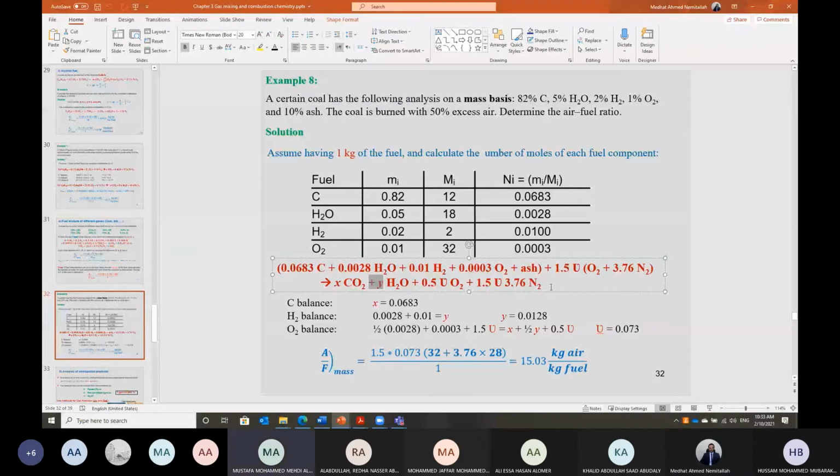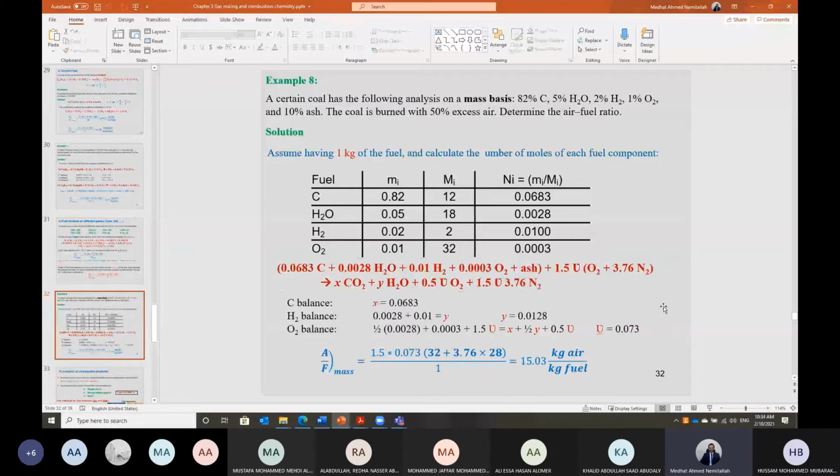Maybe the mass balance. We can make a balance for what? For nitrogen. For nitrogen, exactly. So in this case, I can make one more balance for nitrogen. So I can get another relation for gamma. And in this case, I will double check the value of gamma that I calculated earlier from the balance of O2.